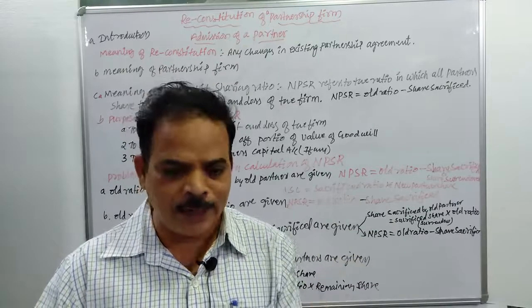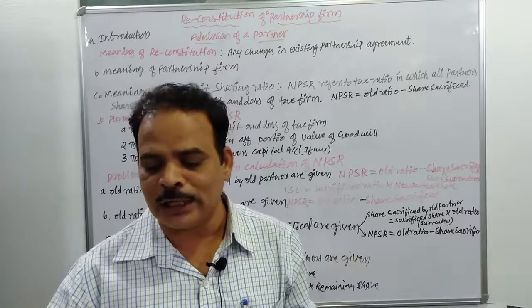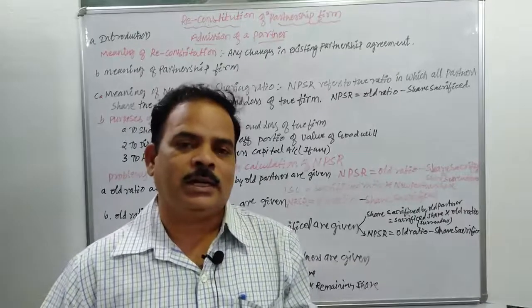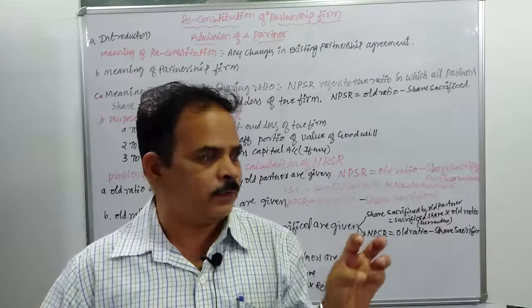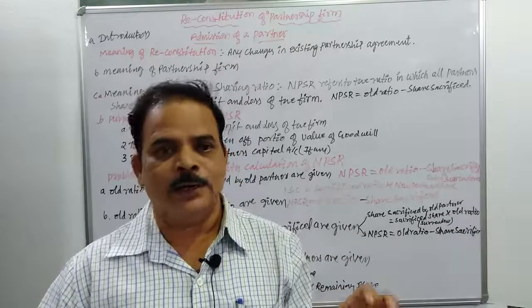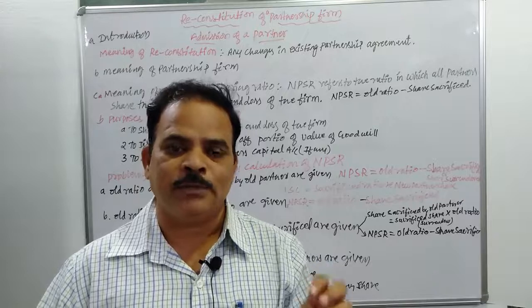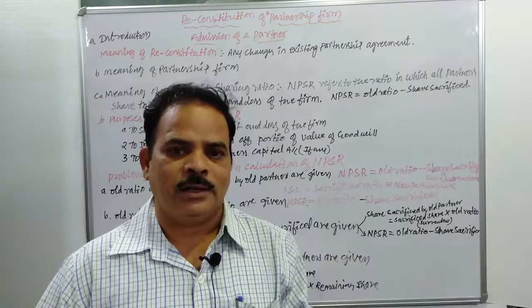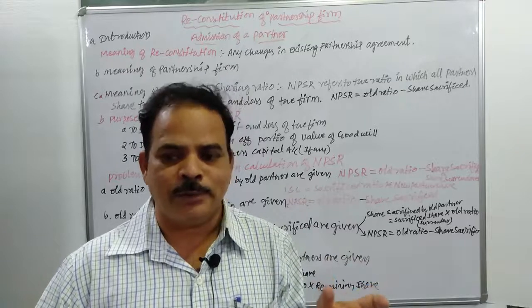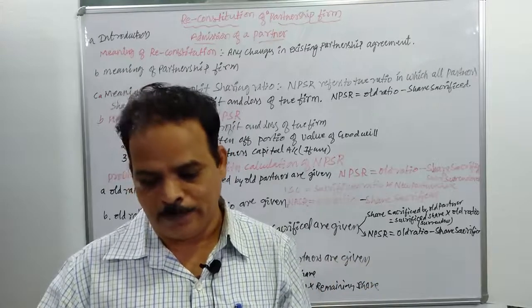There are many persons who are not eligible for the partnership firm. For example, a minor, or a lunatic, an unsound mind person. These persons are not eligible for getting admission into the partnership firm.